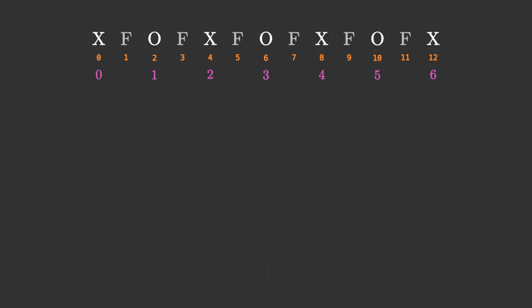Now let's pay attention here that the orange indices are the original indices of the string, and the pink indices are the ones where inflection comes around. Now what we will do is start from the leftmost X and solve for all the substrings which cover this X at index 0.